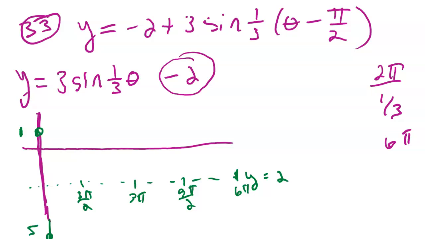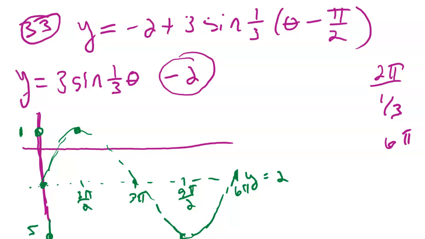And then when I plot points, this is the sine function. We'll start here, and then we'll go up to here, and then we'll go down to here, and then we'll go down to here, and then we'll go up to here, and my sine function looks like this. And it says take this function and move it over pi over 2. This isn't bad. So that's 3 pi over 2. Imagine somewhere in between 0 and 3 pi over 2 is pi, and somewhere in between there is pi over 2.